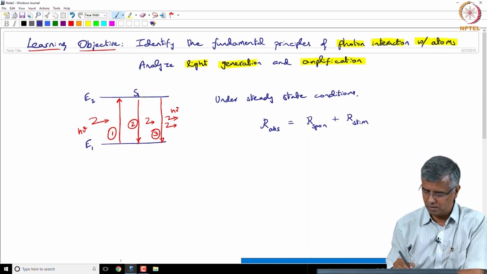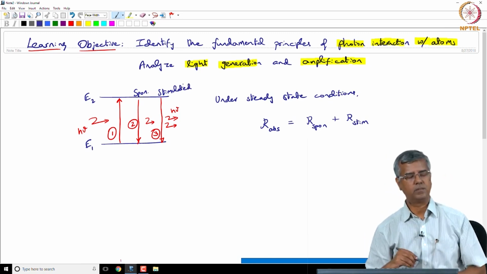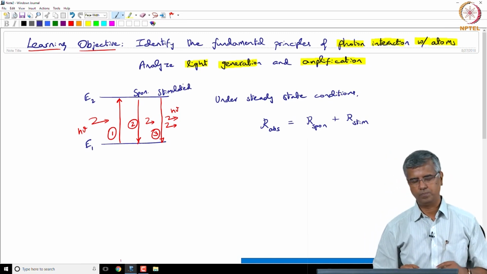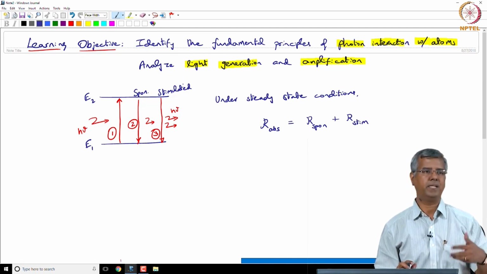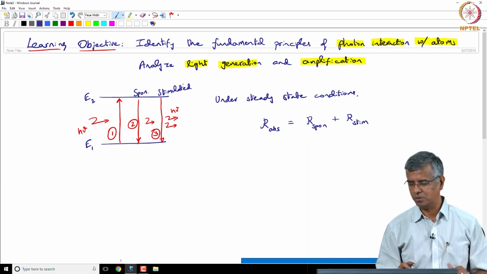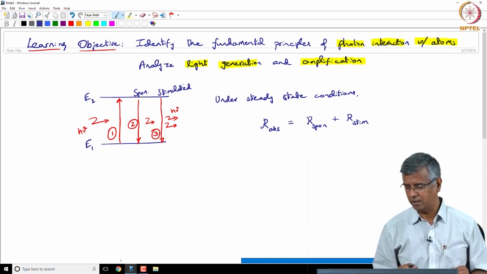Spontaneous emission is this one, stimulated is this particular process. So, you absorb certain photons and you go to the higher energy level. From that energy level, you either spontaneously emit, or if you have an incoming photon at that time, you can actually have stimulated emission also happening.